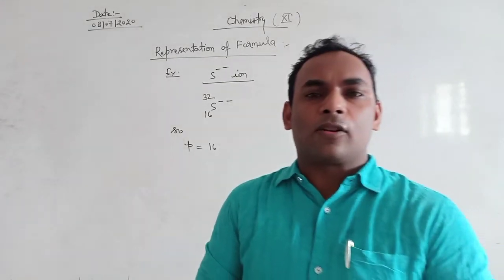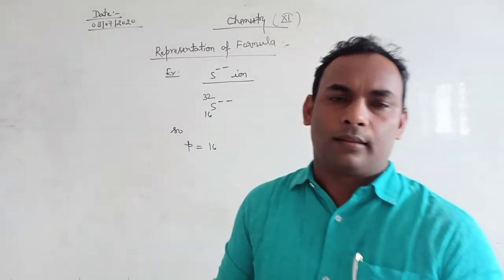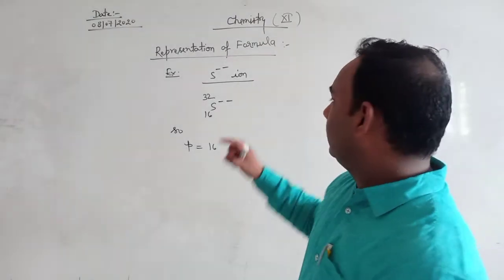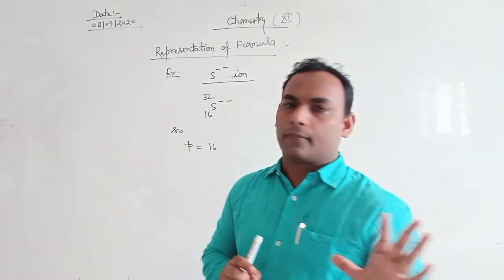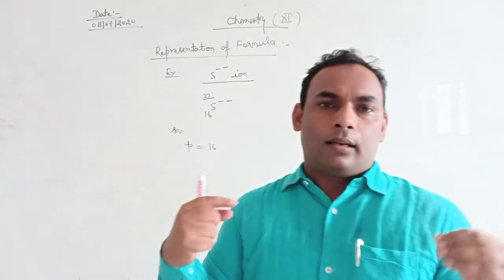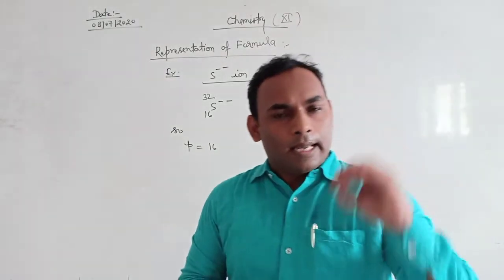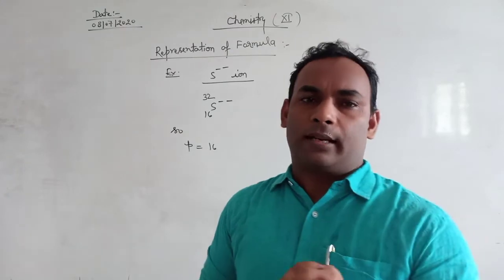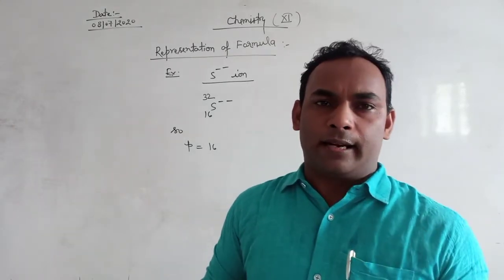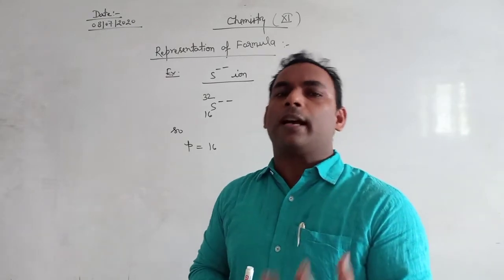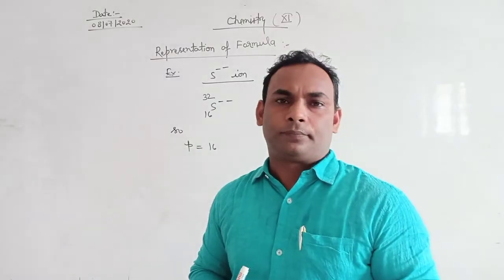Now, how many electrons are present in this example? In the sulfide ion, if sulfur were a neutral atom, then it should have 16 electrons, but here sulfur has 2 negative charge. It means 2 extra electrons are present.